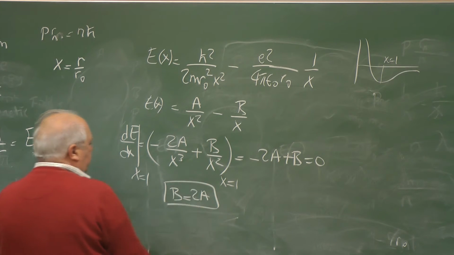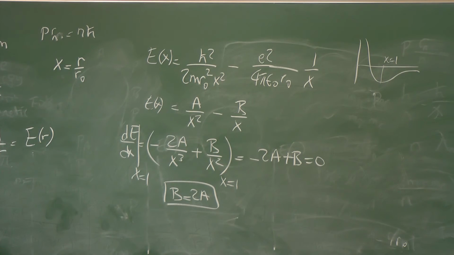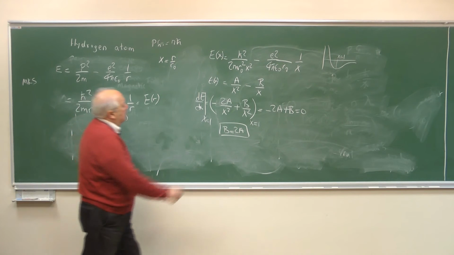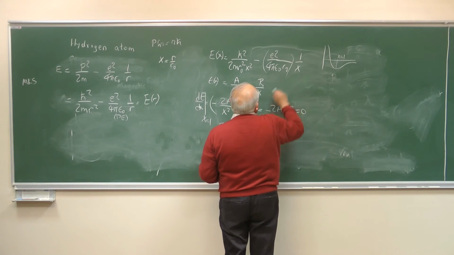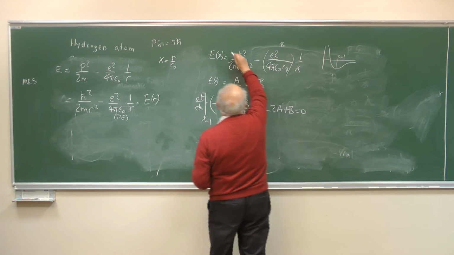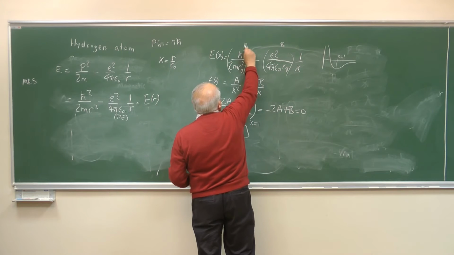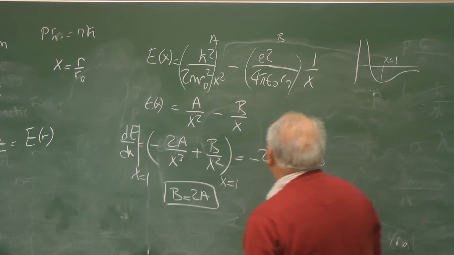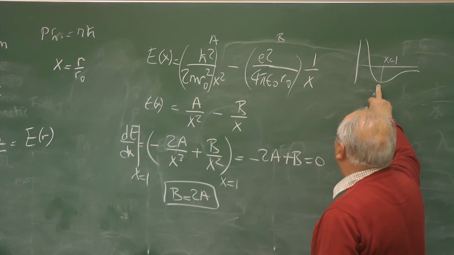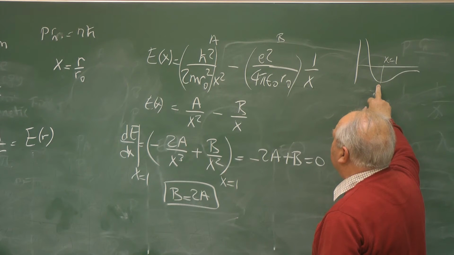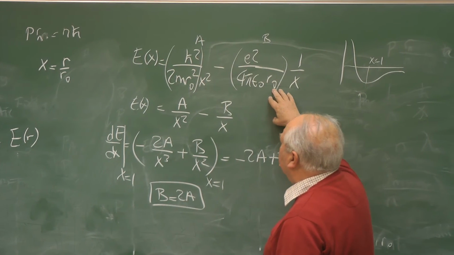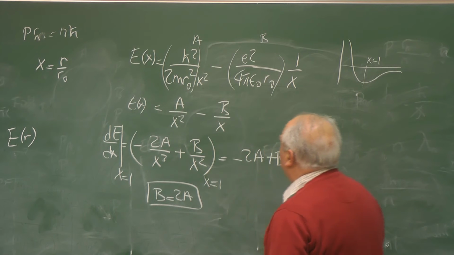When it is minimum, this is B, this is A. When x equals 1, at the point where E is at a minimum, the strength of the potential energy is twice the strength of the kinetic energy.